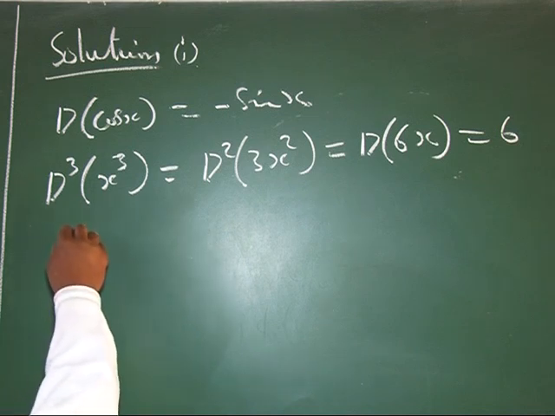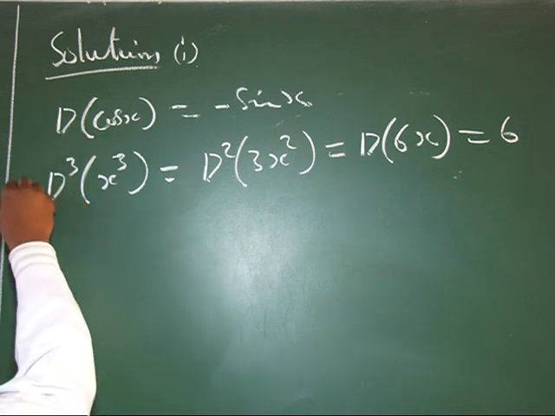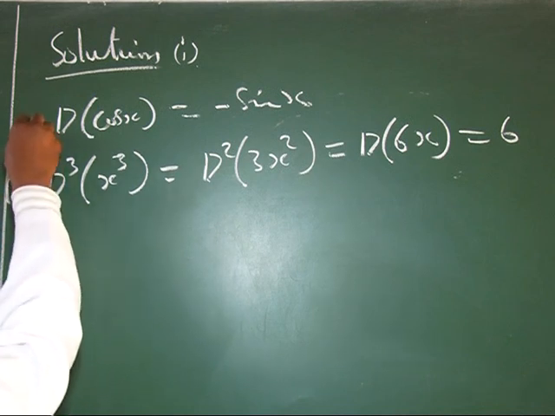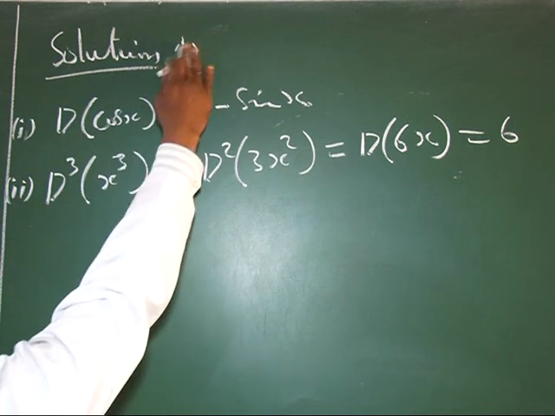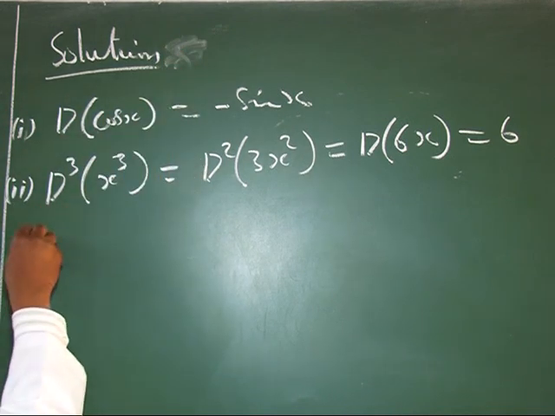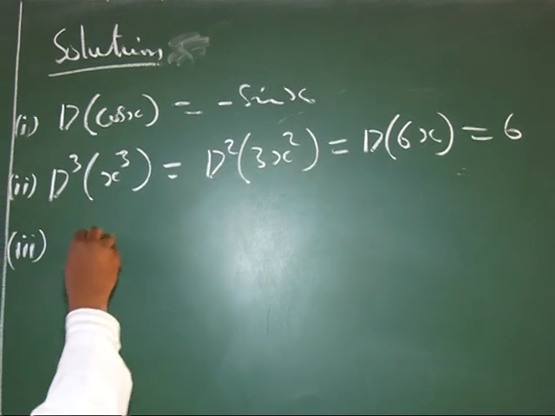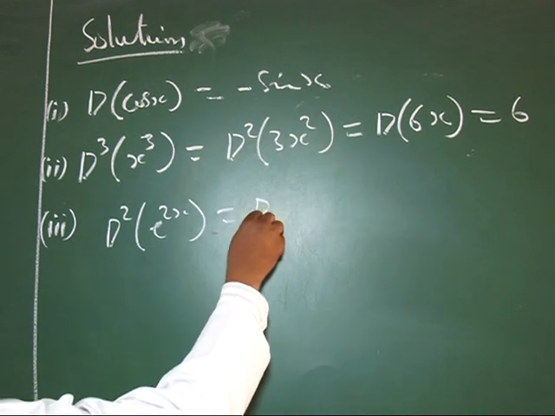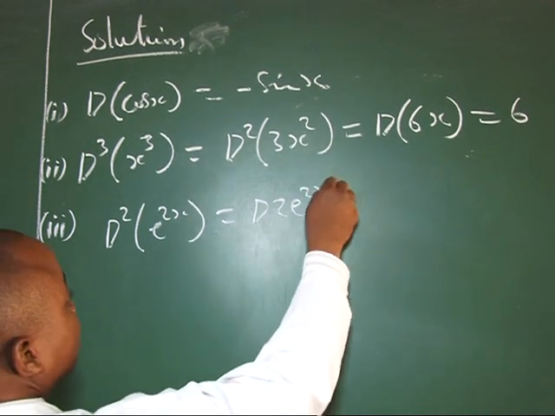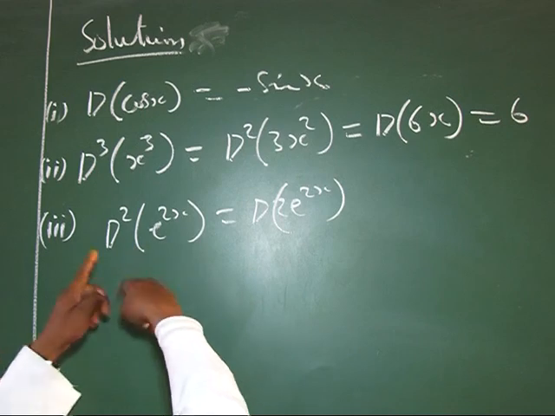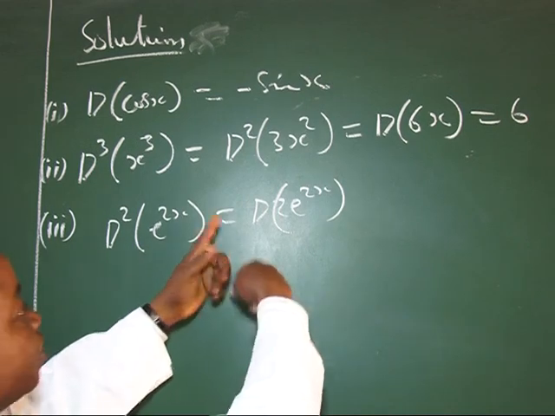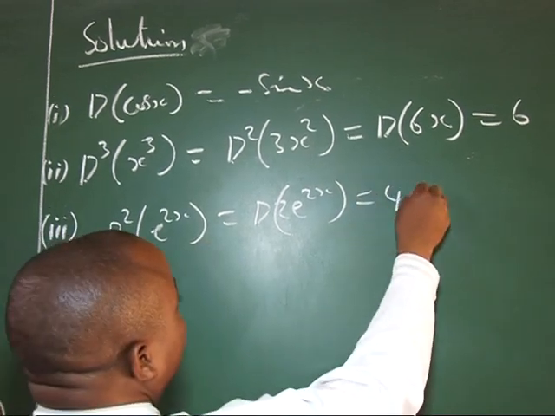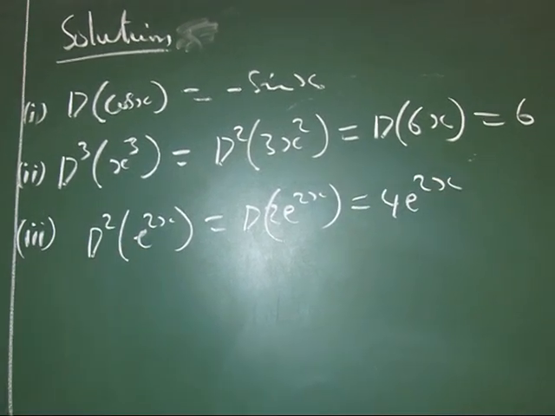Now I have another one. This is the second one. This was the first one. So we have the third one, which is D square exponential to x. It will give me D of 2 exponential to x. That is, I'm differentiating the first one to have this. I have to differentiate again, which will give me 4 exponential to x.